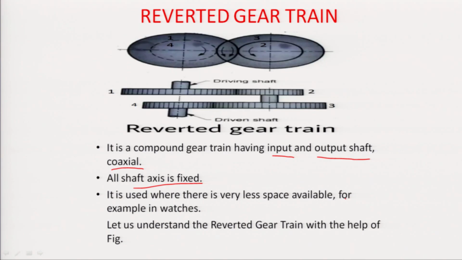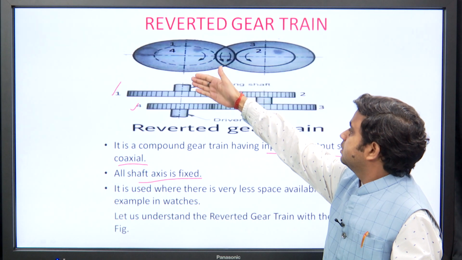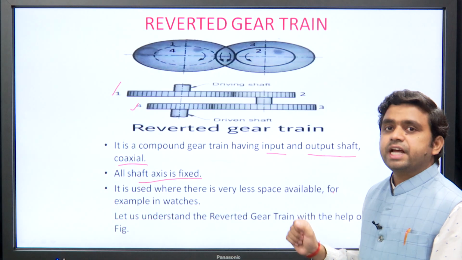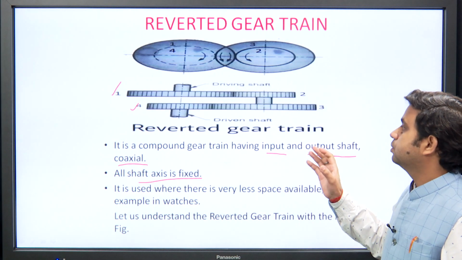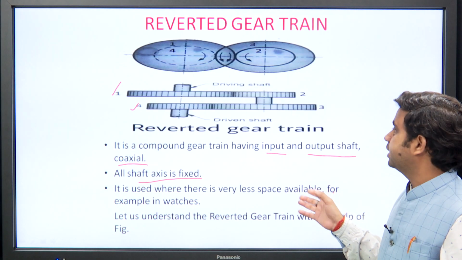Gears 2 and 3 are on the same shaft, and the most important thing is that gear 1, the input gear, and gear 4, the output gear, have coaxial shaft axes. So, that is why it is a reverted gear train.